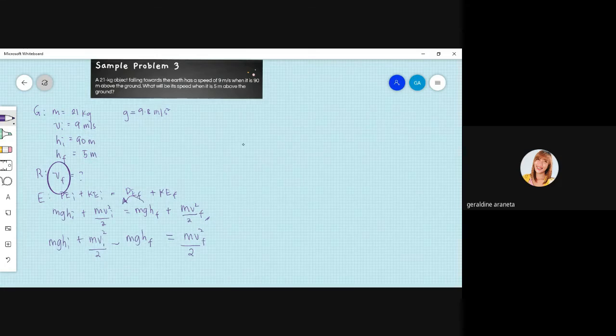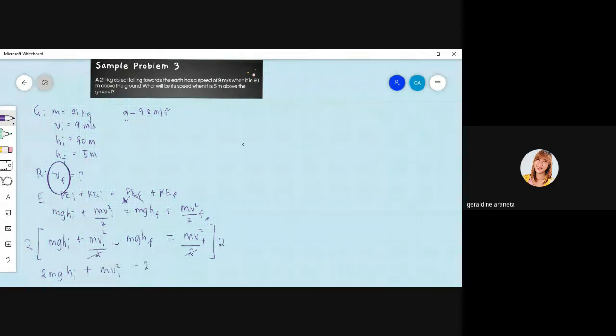So dahil meron tayong 2 dito sa ilalim, multiply natin both sides by 2 para mag-cancel yung denominator. Okay, this will become 2MGHI plus MVI squared minus 2MGHF equals MVF squared.